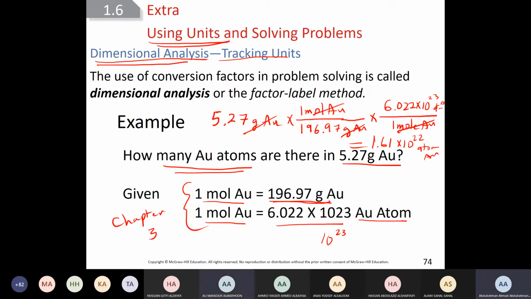This is an extremely important method to solve problems. You have to know how to use this method, which is called dimensional analysis. Very good. With this, we finished chapter 1.